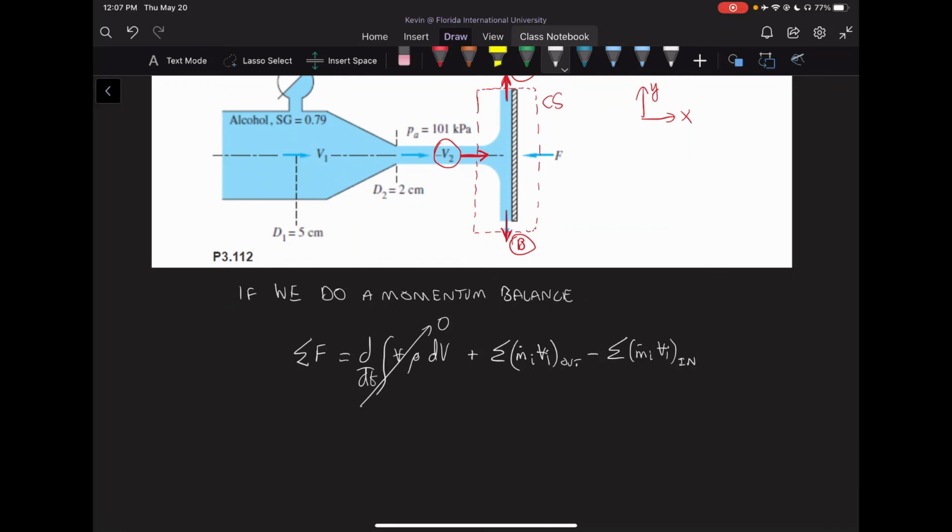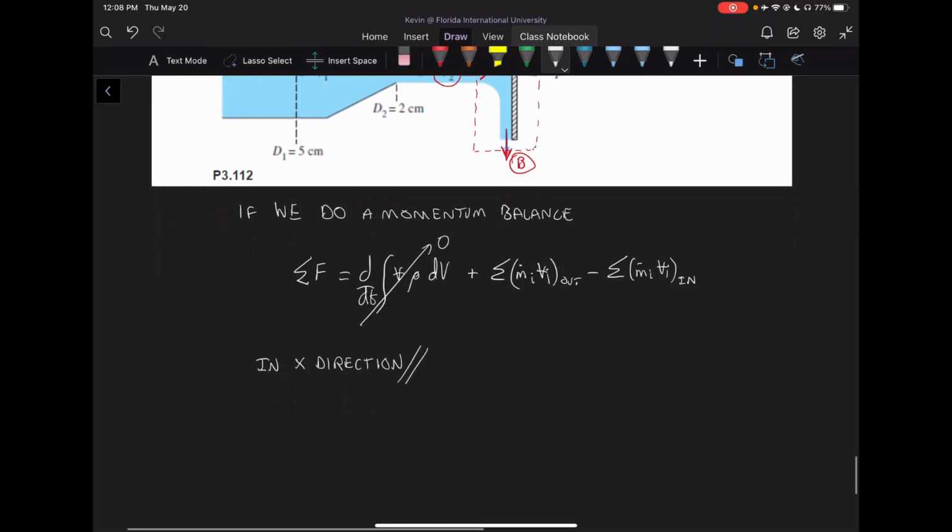And so we have that our sum, if we do in the x direction, we can say that the sum of the forces in x is equal to the force on one side, okay, which is 425 newtons.